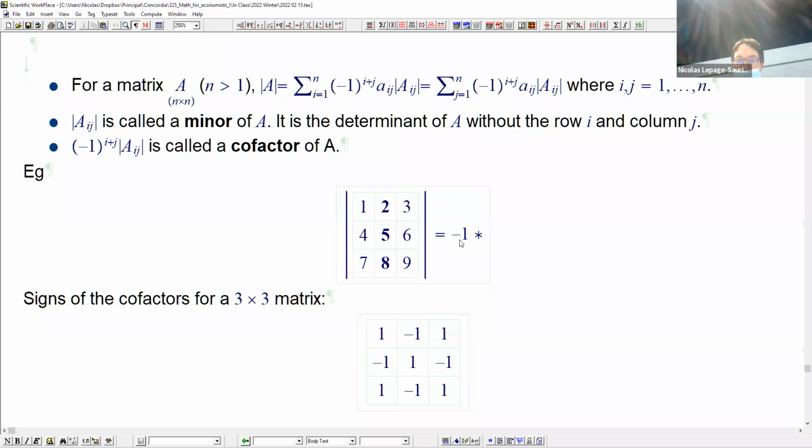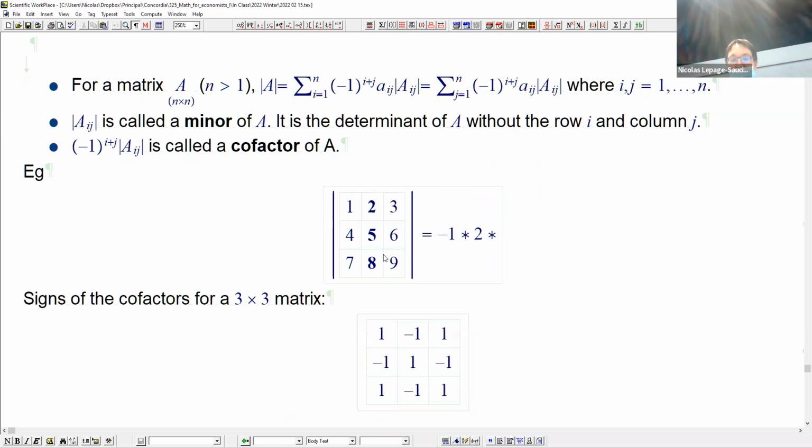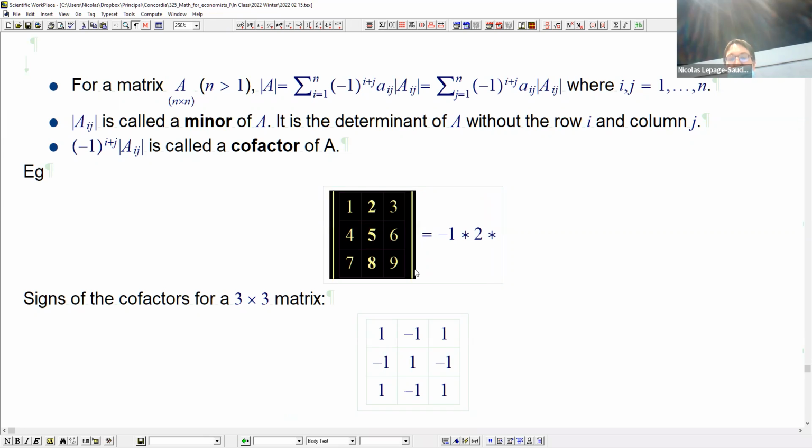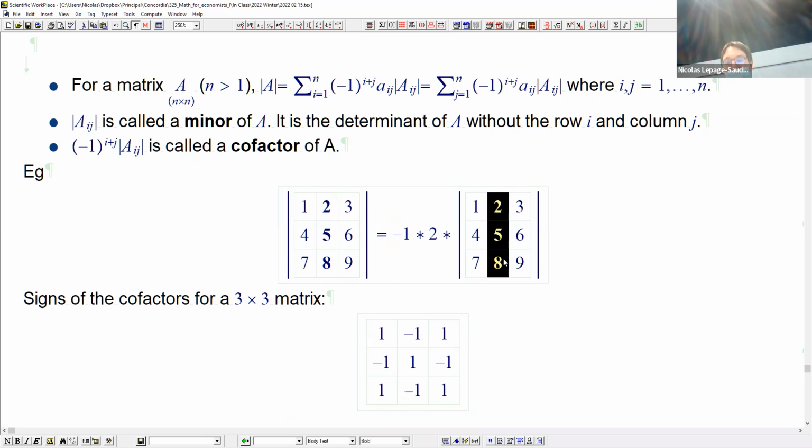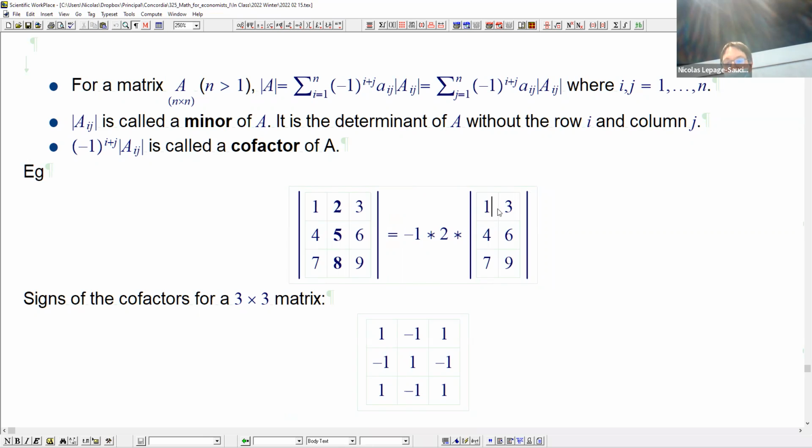So 2 is pre-multiplied by -1: -1 times 2 times the determinant of this submatrix, without the first row and second column. So what I'm going to do is simply remove this column and remove this row. So that's 1.